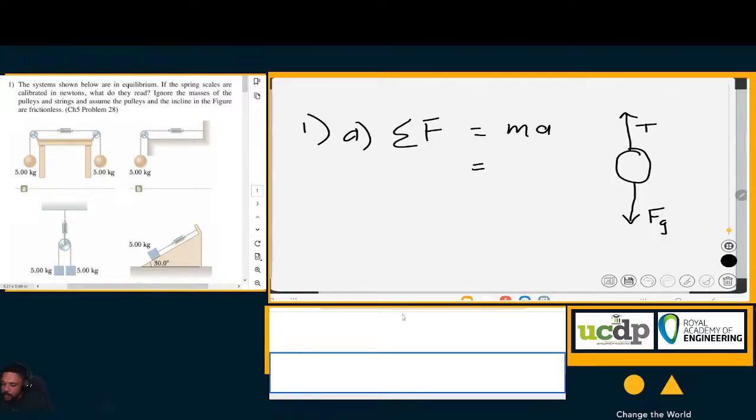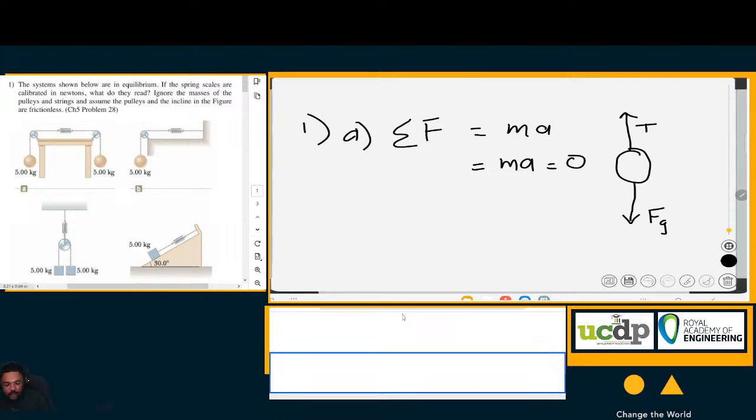So the sum of the forces must eventually be zero because there is no net force. They are in equilibrium. This is still the mass times the acceleration. But what are these different forces that are acting?